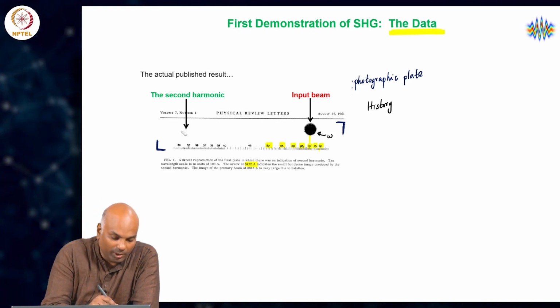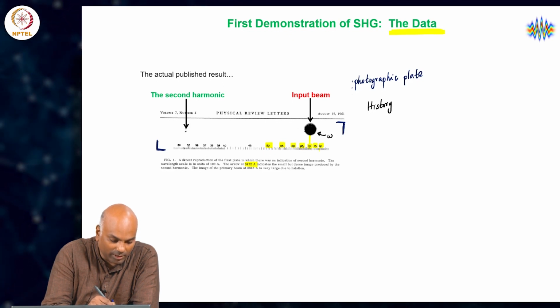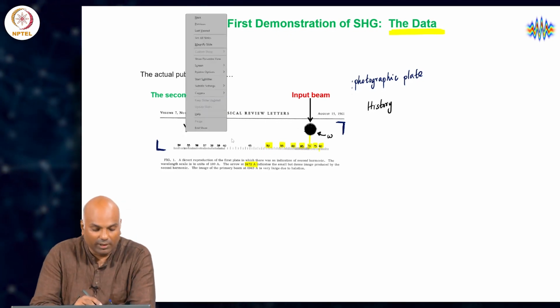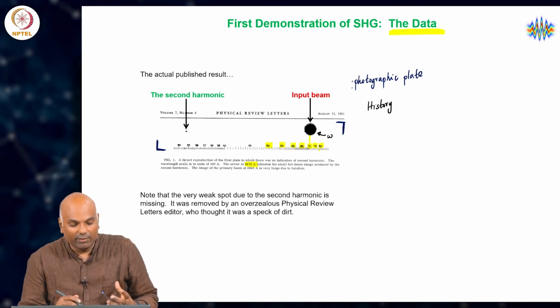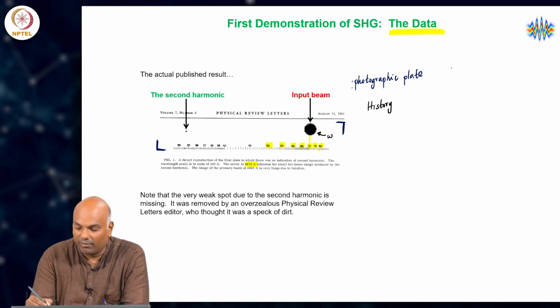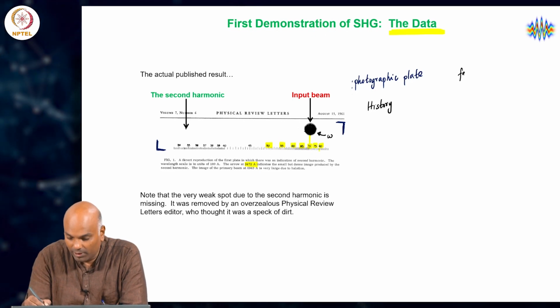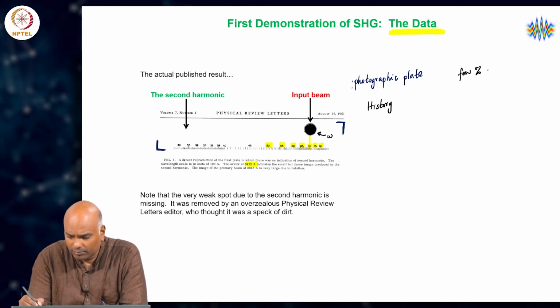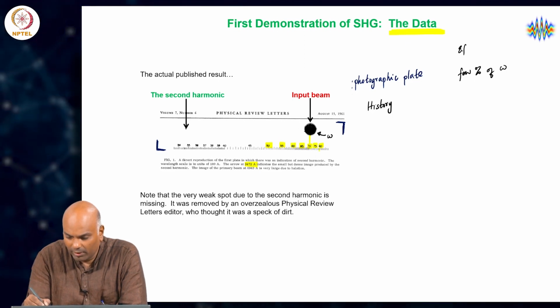A proper reproduction of the data should have introduced something like maybe a tiny spot here, however tiny it may be, right. But the spot is very weak because the efficiency of harmonic generation can, depending on your system, be even just a few percent of omega. Okay.